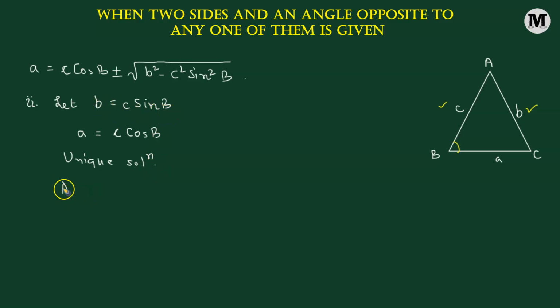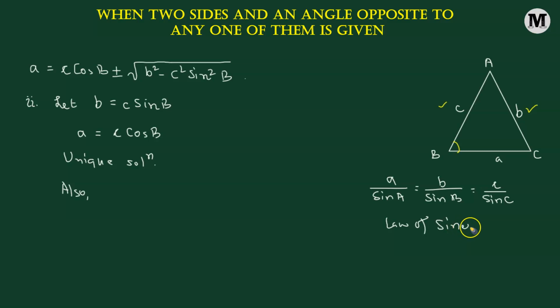Also from the law of sines, we know that a over sine of angle A equals the ratio of the side b to sine of the angle B, equals the ratio of the side c to sine of the angle C. This is referred to as the law of sines.